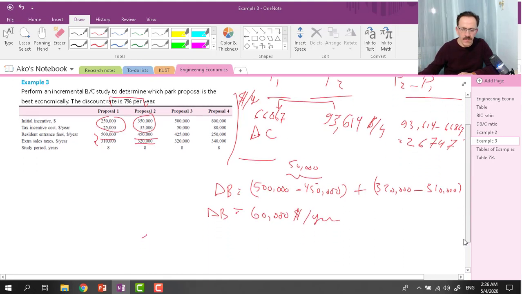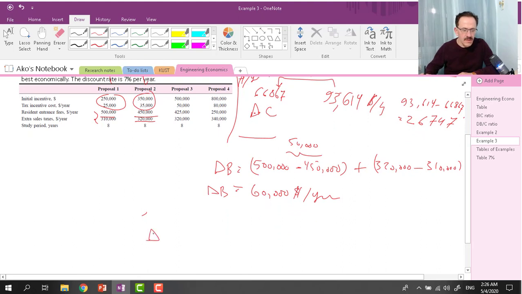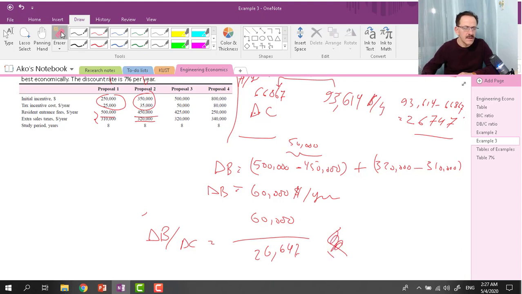Now we have to calculate delta B over delta C. So delta B is 60,000, and delta C is equal to, I think, 26,747.